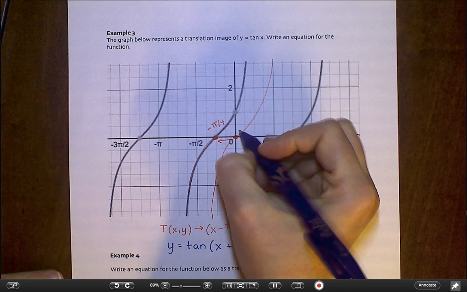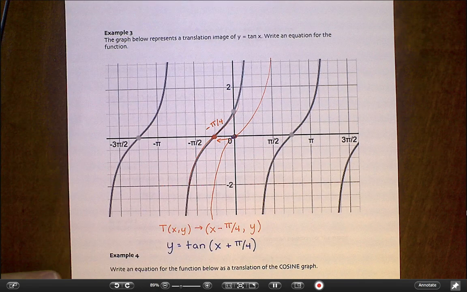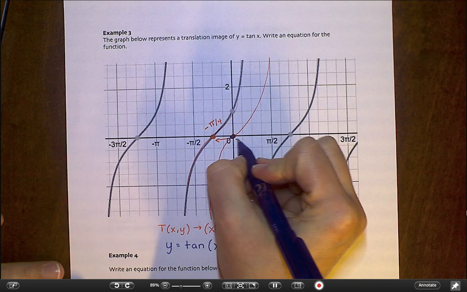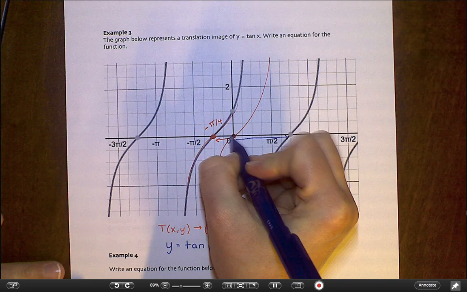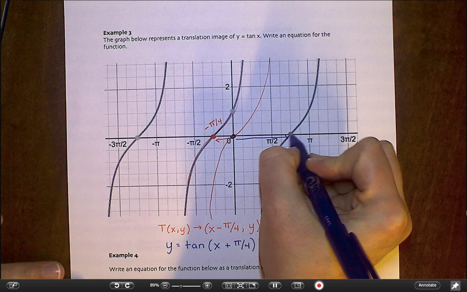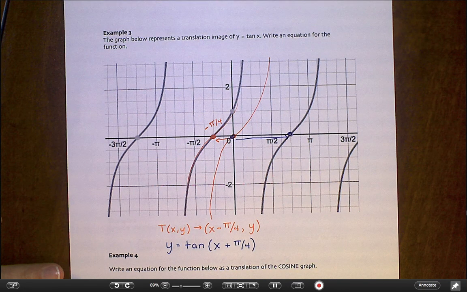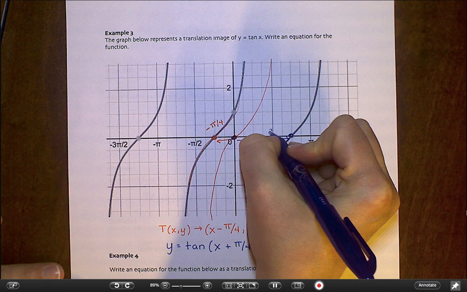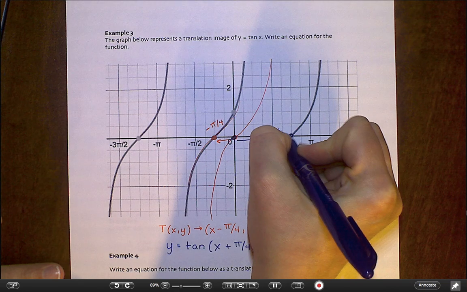Because, yes, this would be where my parent function went through, the origin. Okay, it would go right through the origin. But what if I, instead of shifting to the left, what if I shifted to the right instead? Isn't it possible that I took this and shifted it this way? Okay, so just so we're clear, this is like 2 pi over 4 is the same as pi over 2.